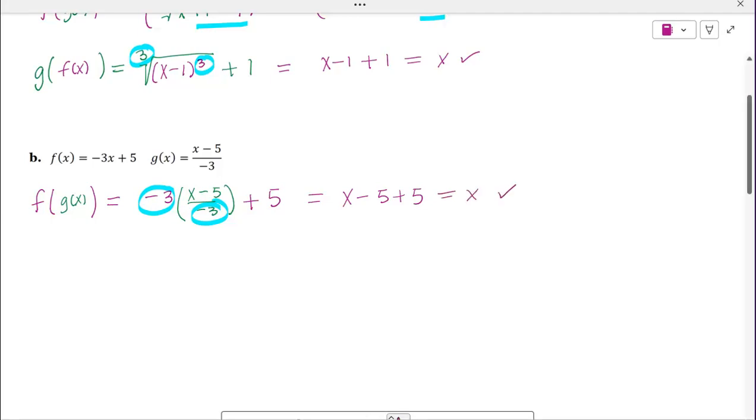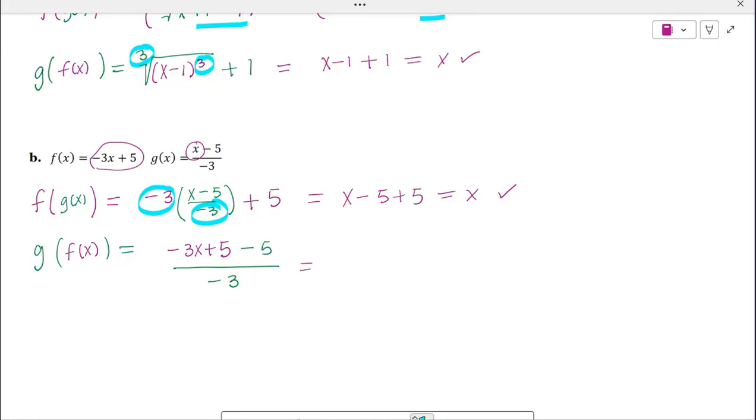Let's look at the other direction. Let's consider g of f of x. So now I'll take this and put this in the place of x here. So this is going to be negative 3x plus 5, and then I have a minus 5, and the whole thing is divided by negative 3.